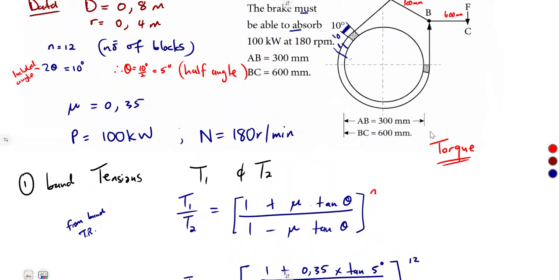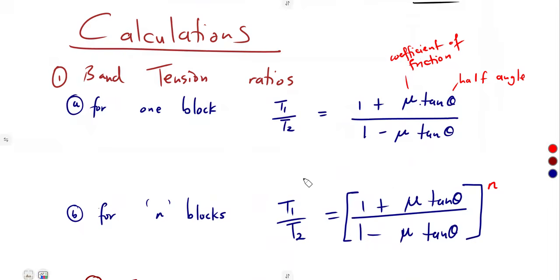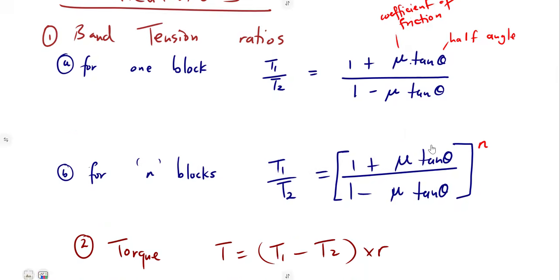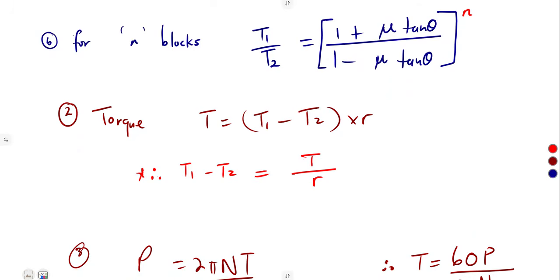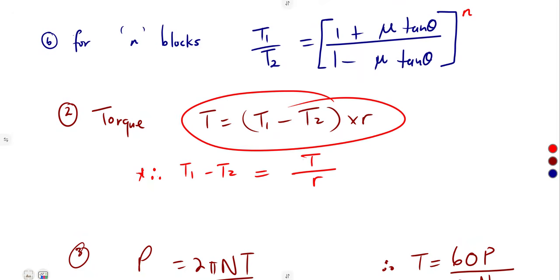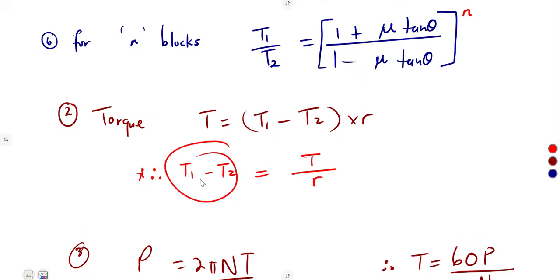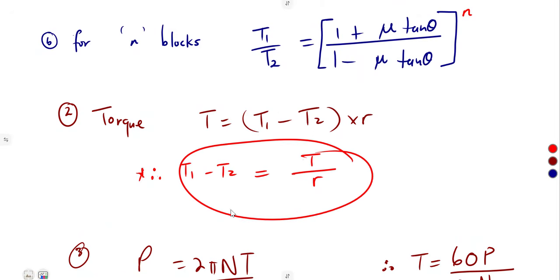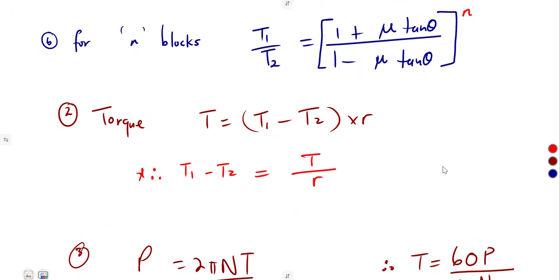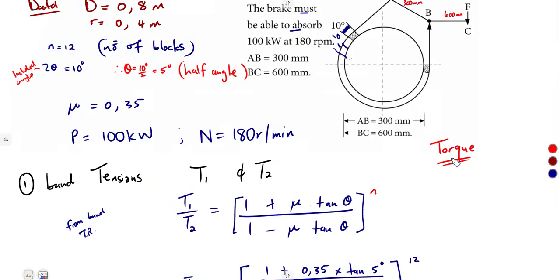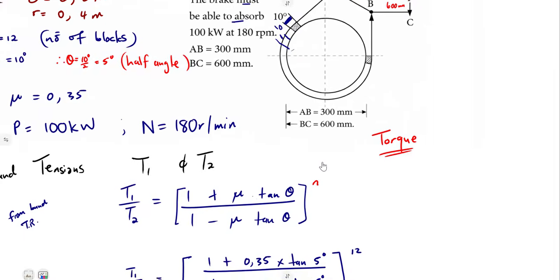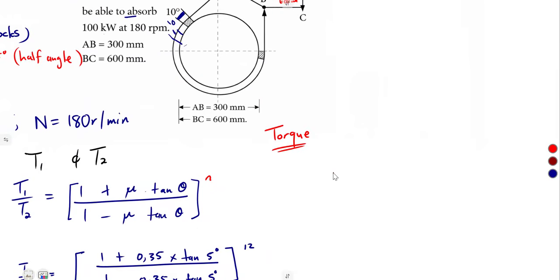Because we do understand that it has T1 and T2. Remember on our calculations here, where we ended up from the torque formula, we ended up having T1 minus T2, which is equal to what? The torque over the radius of the drum. So if we have that torque, we can use that. It's an equation which can give us T1 and T2.